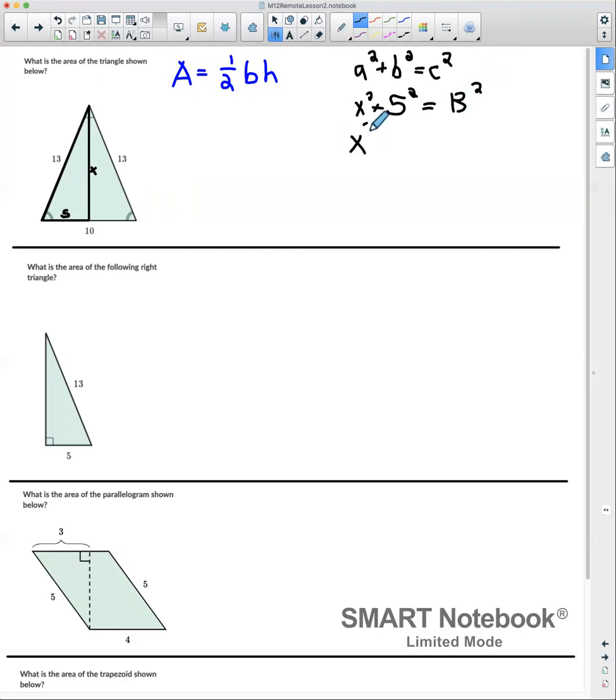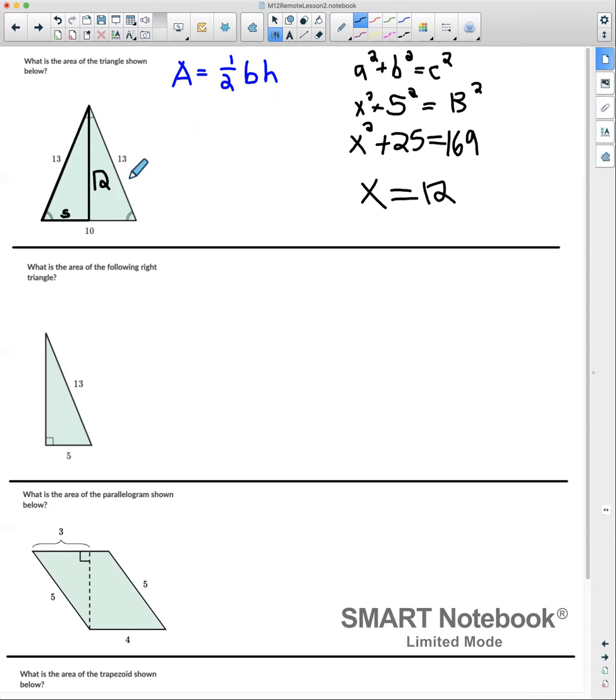So x squared plus 25 is equal to 169. And I knew it was a 5, 12, 13 triangle anyways. So x is eventually going to become 12. Okay, so now that x is 12, I'm just going to fill that in for the height.